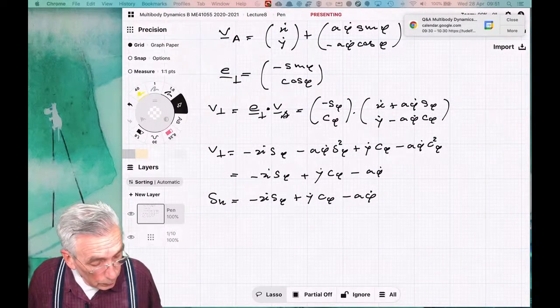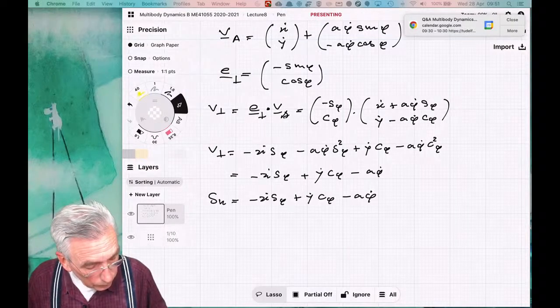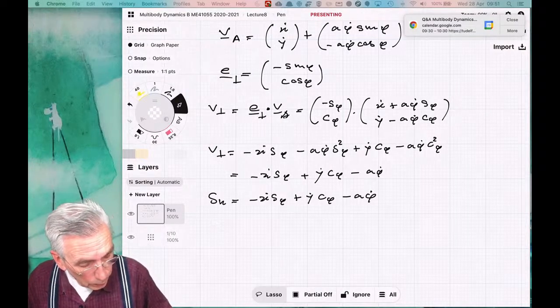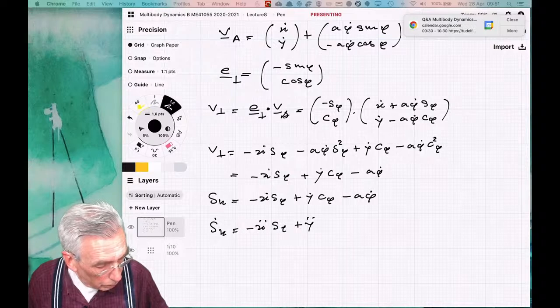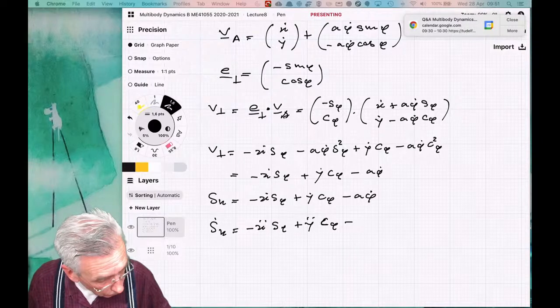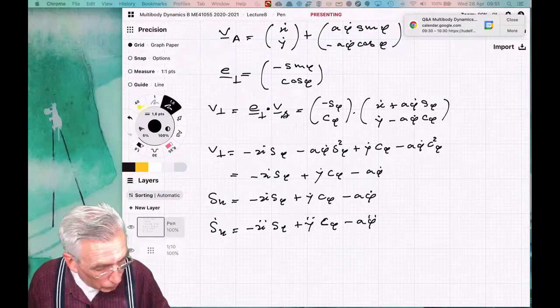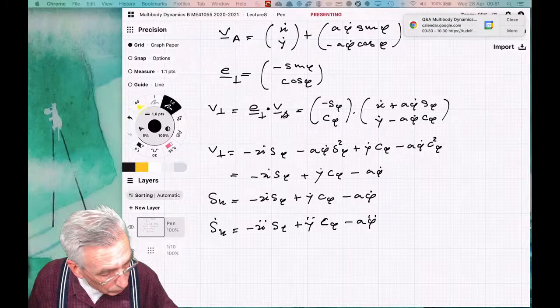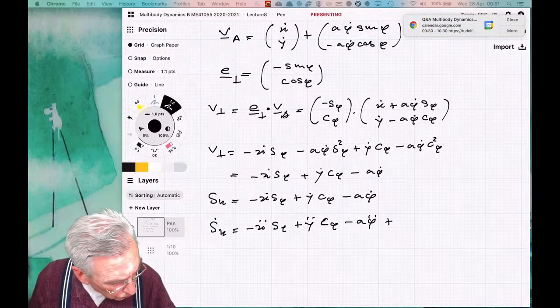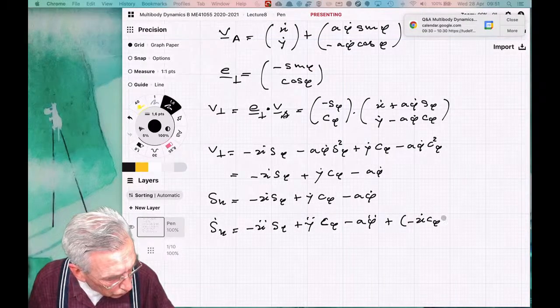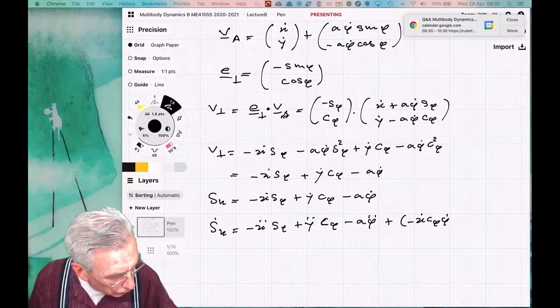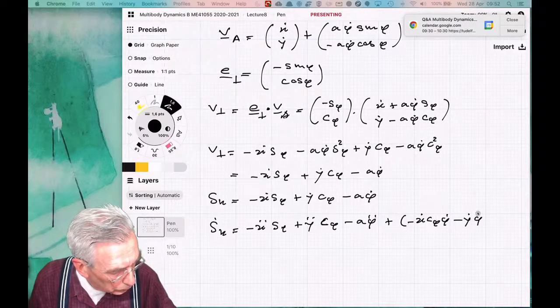Well, it's now super easy actually. We have to do s dot k, that is the constraint which we have to add: minus x double dot sine phi plus y double dot cosine phi minus a phi double dot, and then plus all these convective terms. Now I don't want to make errors, so we get minus x dot cosine phi phi dot, and then again minus y dot phi dot sine phi.